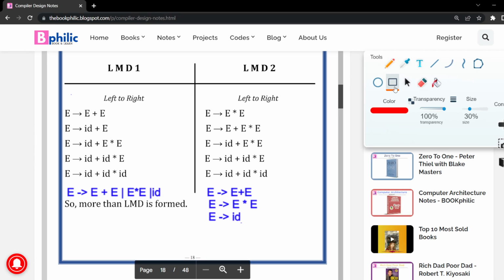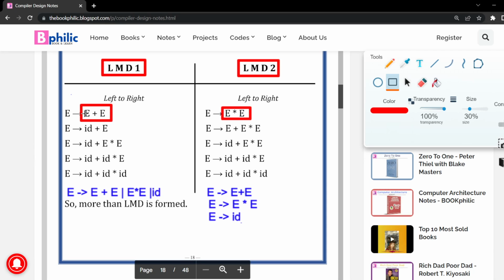So by name it is suggesting that LMD is nothing but left to right derivation. So now we have to take again the first production rule for LMD1 and the second production rule for our LMD2. So from left to right we have to derive the sentence.